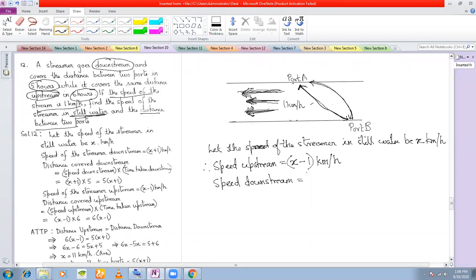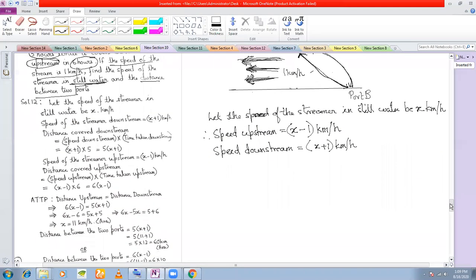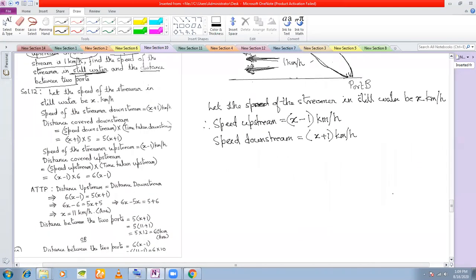When the streamer is sailing downstream, the water actually helps the streamer flow, so this should be x plus 1 kilometer per hour, right? So I've got the speed upstream and the speed downstream.